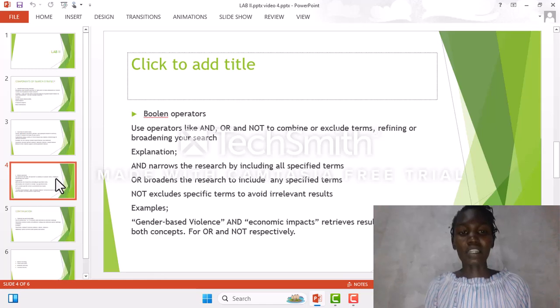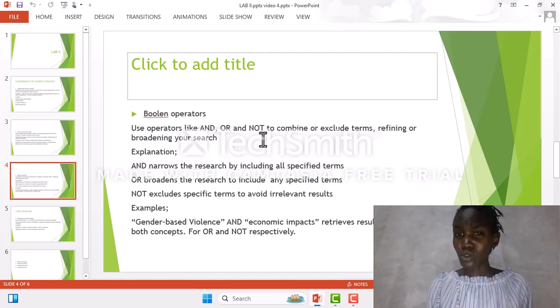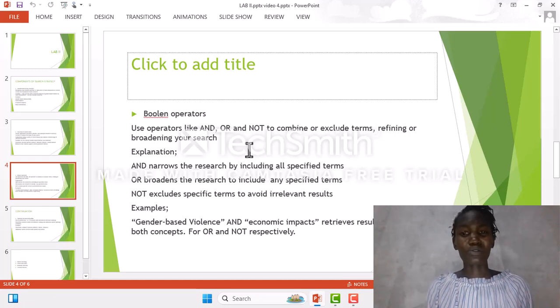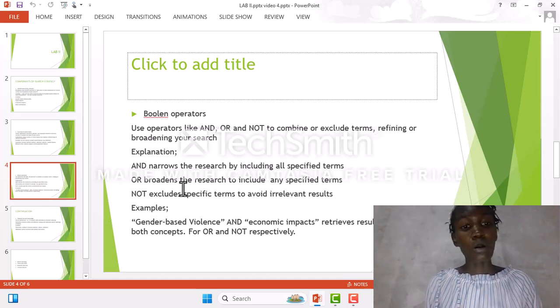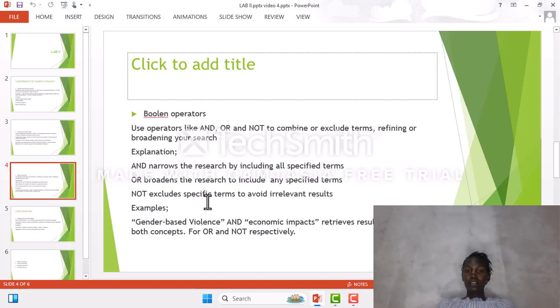So Boolean operators, just like we talked about, and here we are expanding more about it. We use operators like AND, OR, and NOT to combine or exclude terms, refining or broadening your research. AND narrows the research by including all specific terms, OR broadens the research to include any specified terms, and NOT excludes specific terms to avoid irrelevant results.